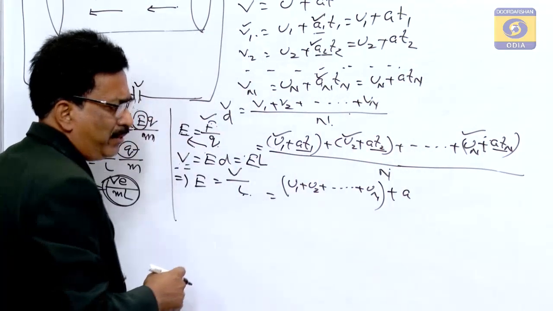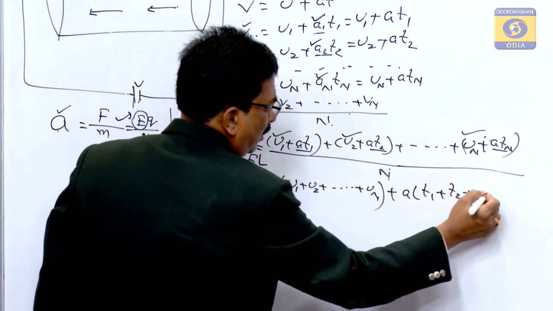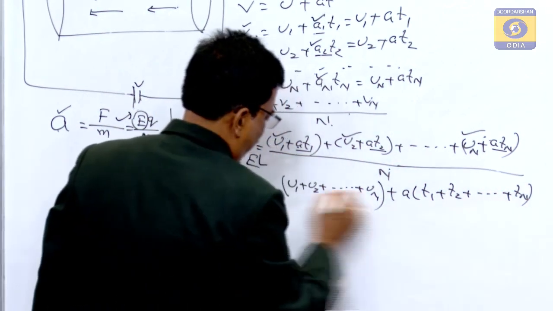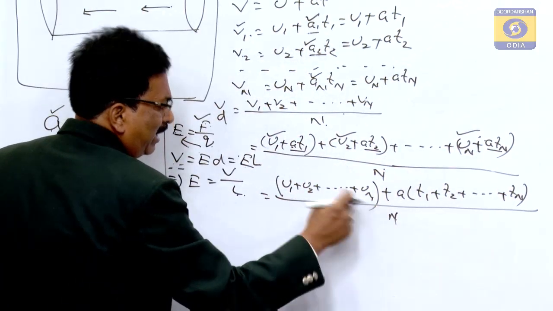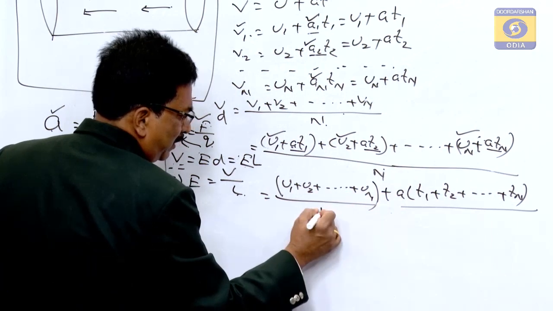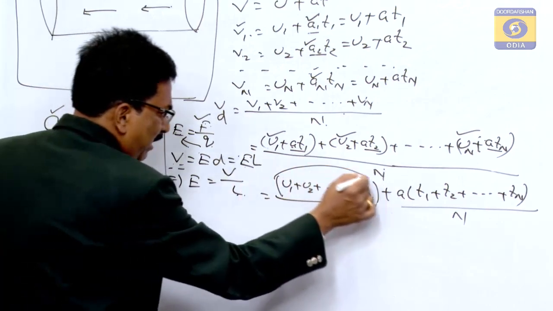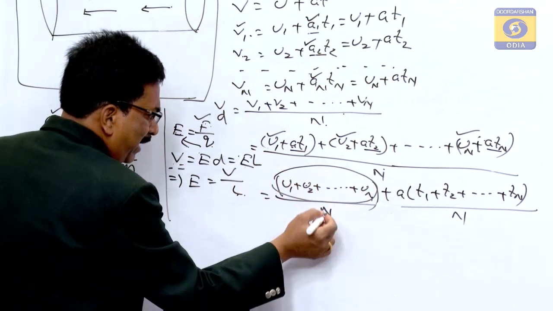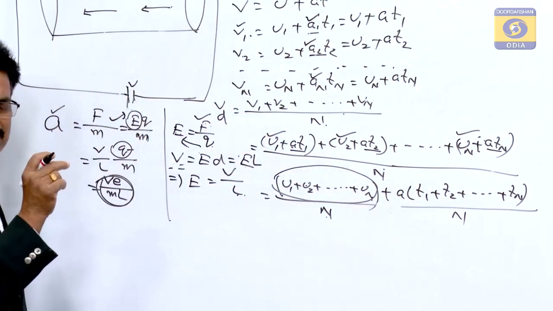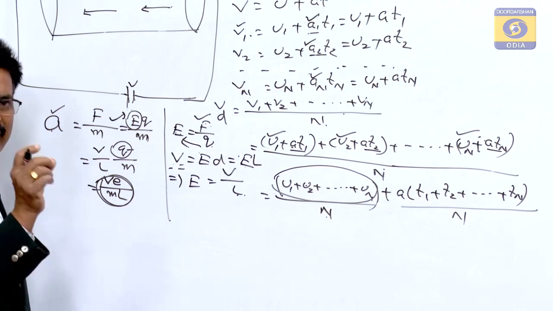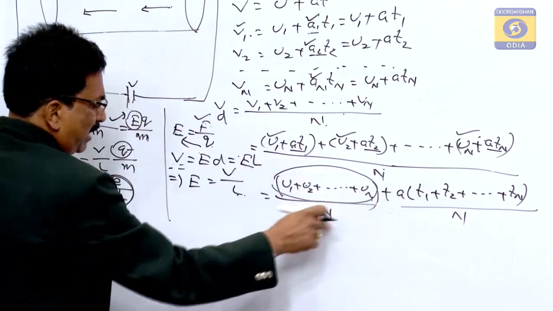All have A as common, so taking A common, this is T1 plus T2 up to Tn, whole divided by N. If we simplify, it is the first part divided by N and the second part divided by N. The first is U1 plus U2 up to UN divided by N. These U's are the initial velocities. As we discussed, the initial velocities are random, so their average is 0.